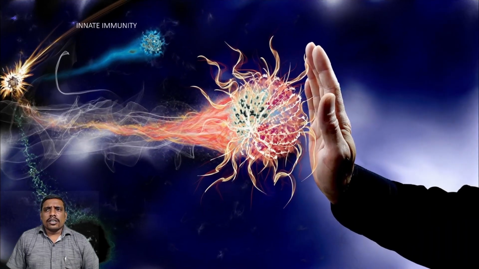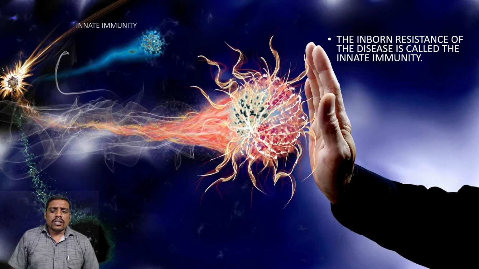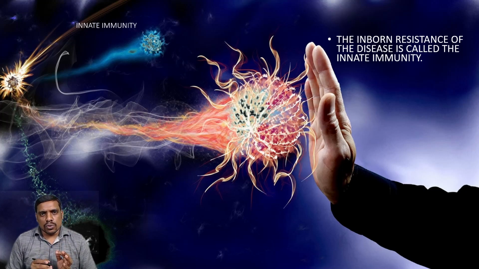Now, let us see the inborn resistance to disease, which is known as innate immunity. The innate type of immunity we receive from our father or mother through the nucleus or chromosomes.